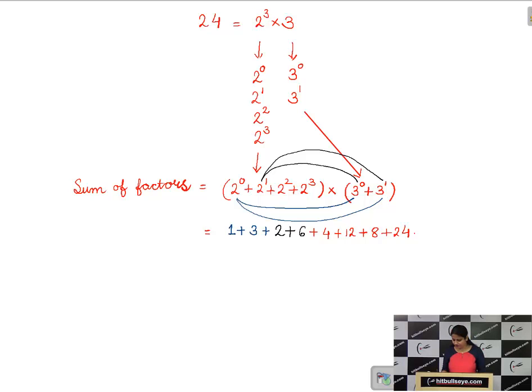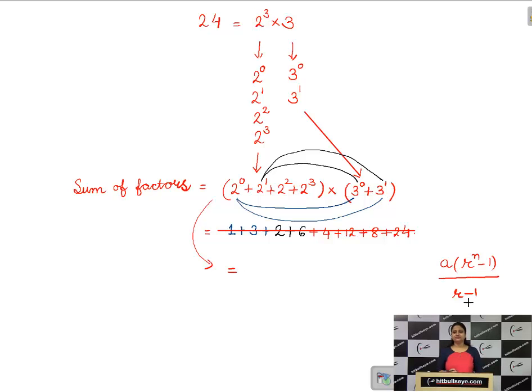So instead of doing all this, instead of counting all this stuff, we'll do it directly. Now, as we know, the formula for calculating the sum of a GP is A into R raised to power n minus 1 upon R minus 1, where A stands for the first term and R stands for the common ratio.